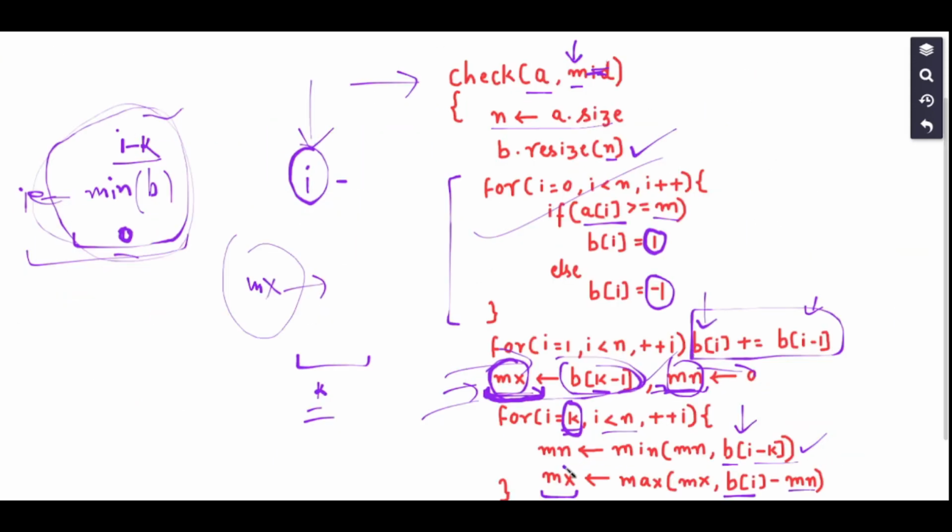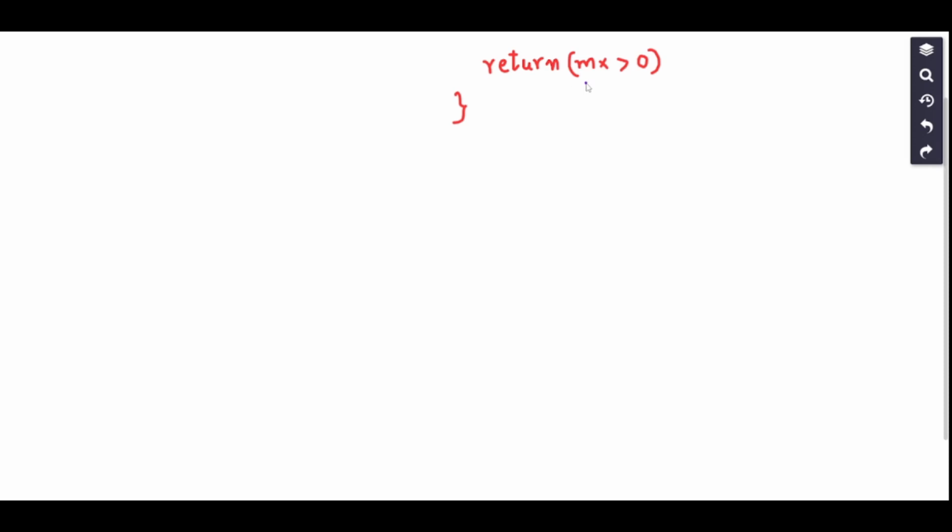So in this fashion I will have the largest sum which I can achieve for this array B. Now if this largest sum achieved, mx, is greater than 0, that means yes, we can achieve this m as the median. So I return true from here, otherwise I return false.